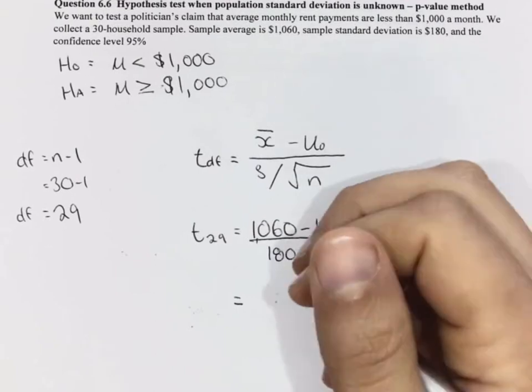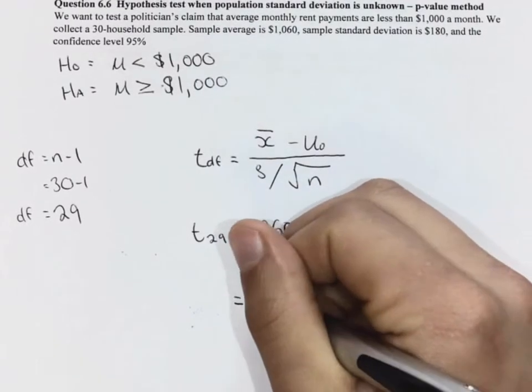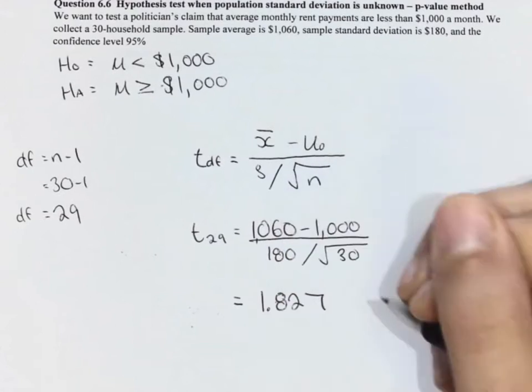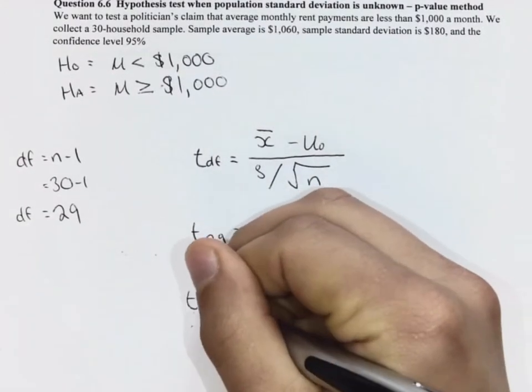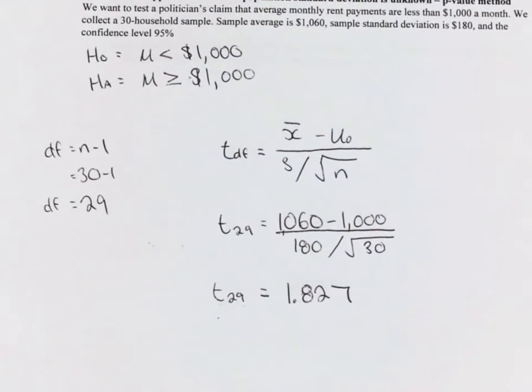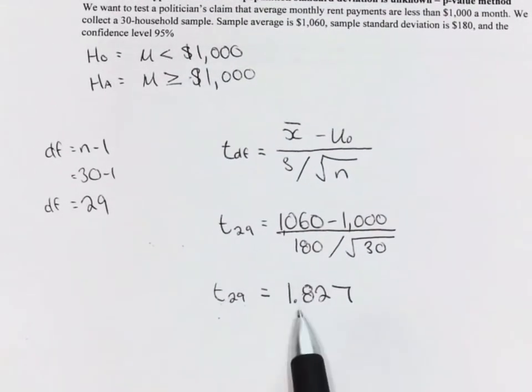When we do the math, we get 1.827. So T with degrees of freedom of 29 equals 1.827.